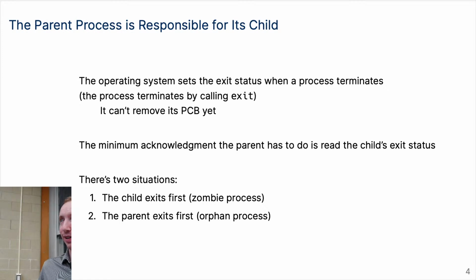It's kind of alive, but we can't execute it anymore. It's just waiting for someone to acknowledge it and read its exit code so the kernel can actually delete that information. And then super literally, if the parent exits first, so it's now gone, then the child doesn't have a parent process, so it needs to be reparented, and that child process is called an orphan process. So this is going to get fun when we start killing them.